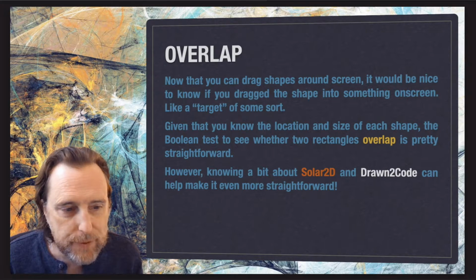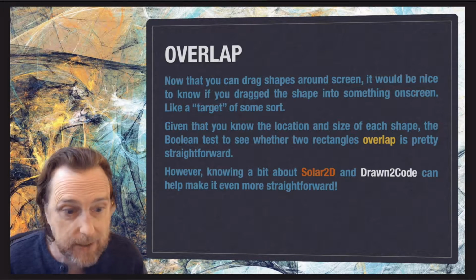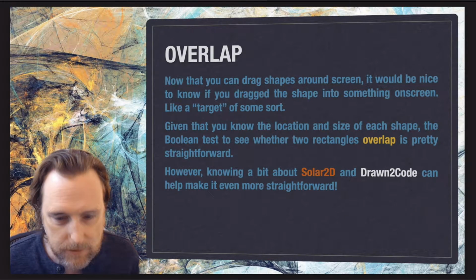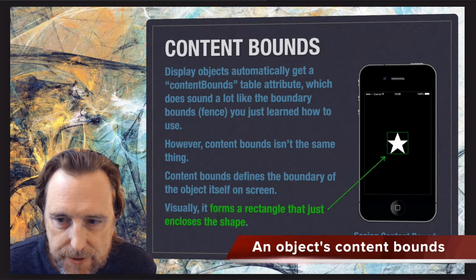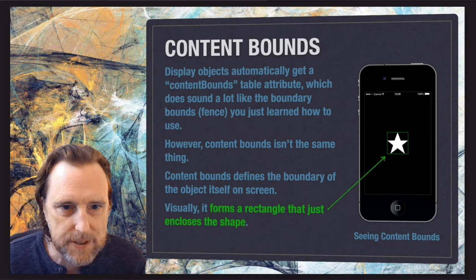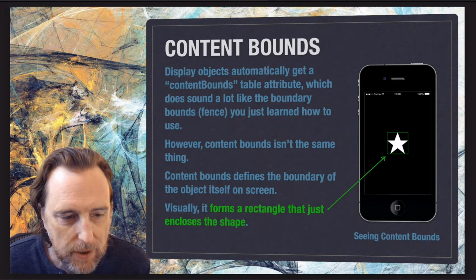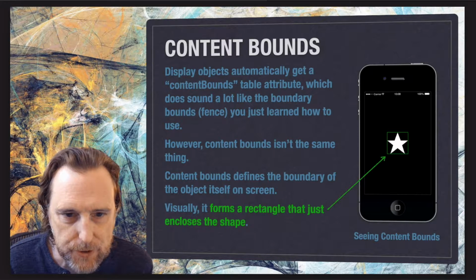However, if we know a little bit more about Solar 2D and also Draw Into Code, it gets even easier. So let's back up and learn two key things. First up is this content bounds attribute. All display objects get content bounds as an attribute when they're created. That's built into Solar 2D.